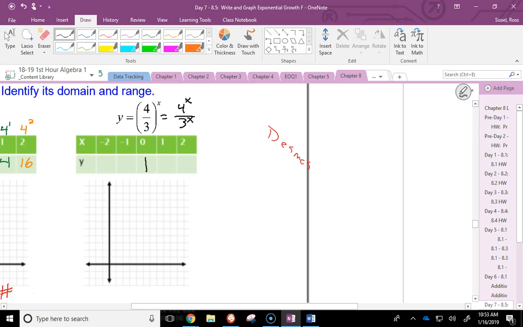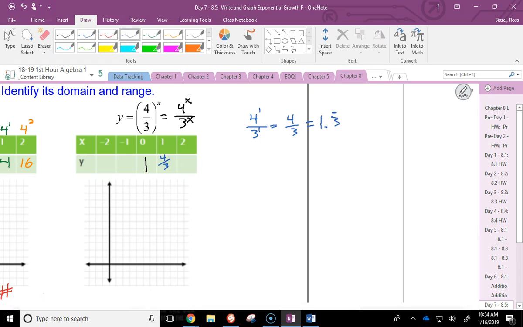Now, if I put 1 in for my exponent, I'm going to do number 1 over here. That means I'd have 4 to the first power, 3 to the first power. That would be 4/3. So this would be 4/3, or you could think of that as 1.3.